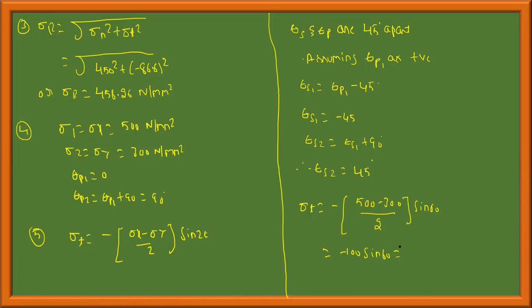We have found it right, which is equal to minus 86.6 Newton per mm square. Since this sigma t is with a negative sign, it rotates the s1 face in the clockwise direction.